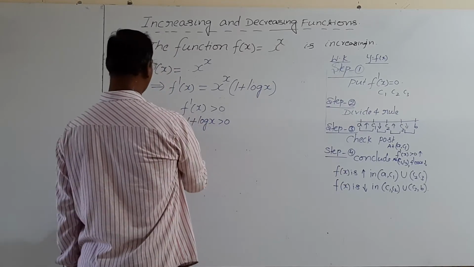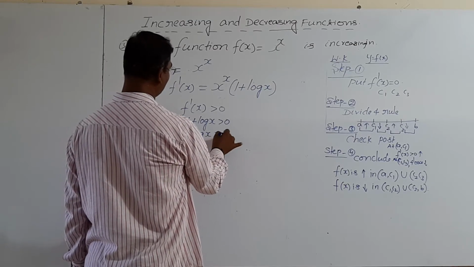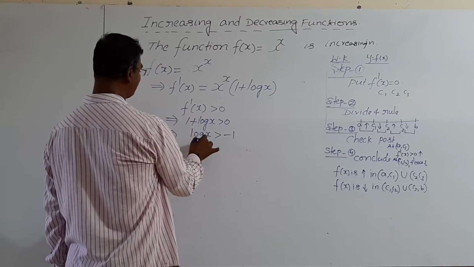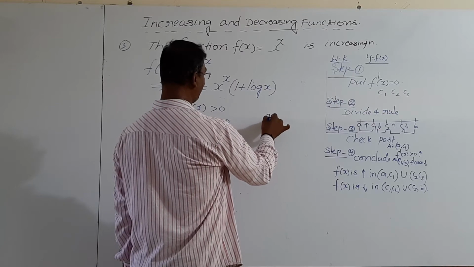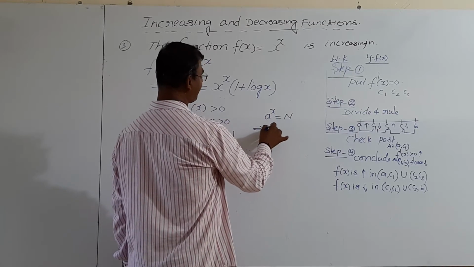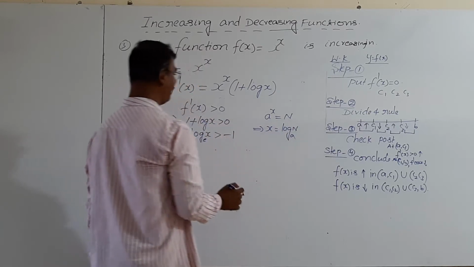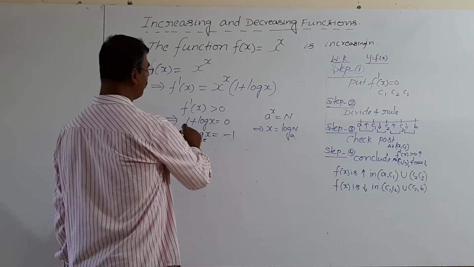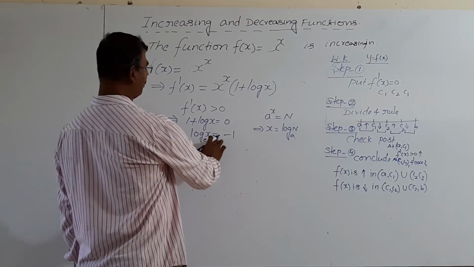Same method. So directly log x is greater than minus 1. This becomes the logarithmic function definition. Remember all of you, if a raised to x is equal to n, then x is equal to log n to the base a. So if I take equal here, we are getting 1 plus log x equal to 0. Log x is equal to minus 1.